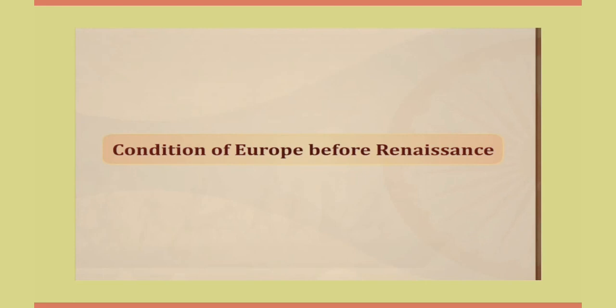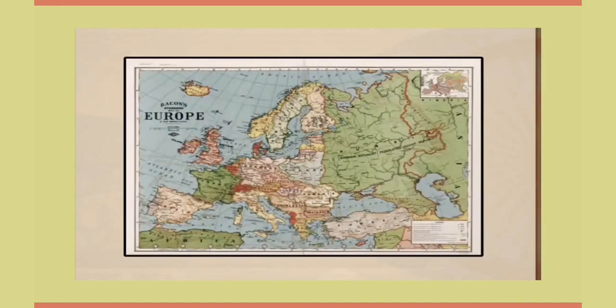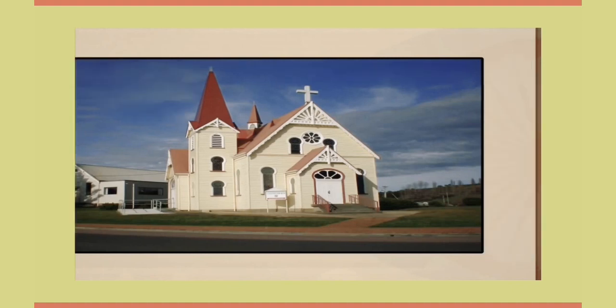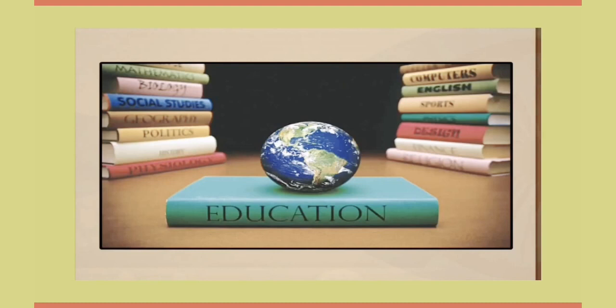Condition of Europe before the Renaissance. We have read in chapter 1 about the spread of Christianity in Europe. It had become the religion of every country in Europe. The church by this time had become powerful and the only center of education.